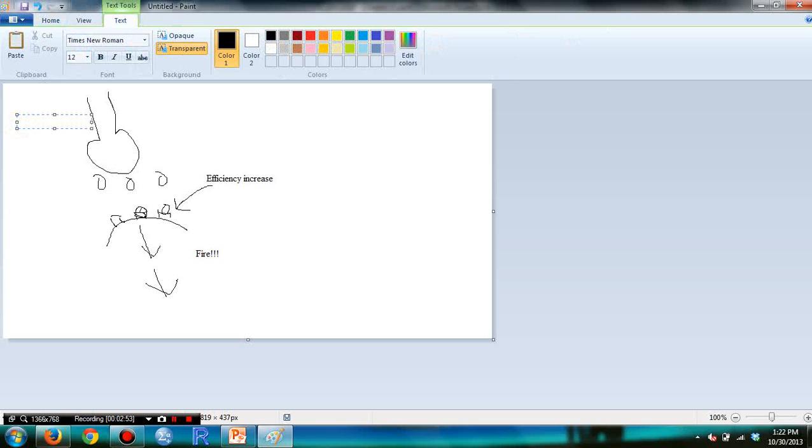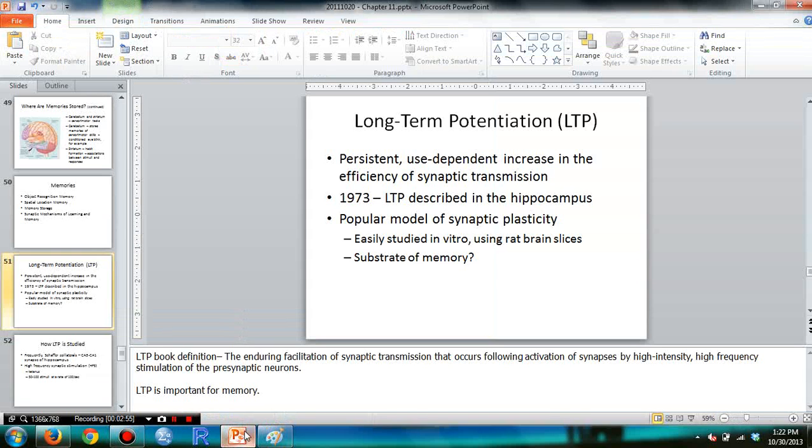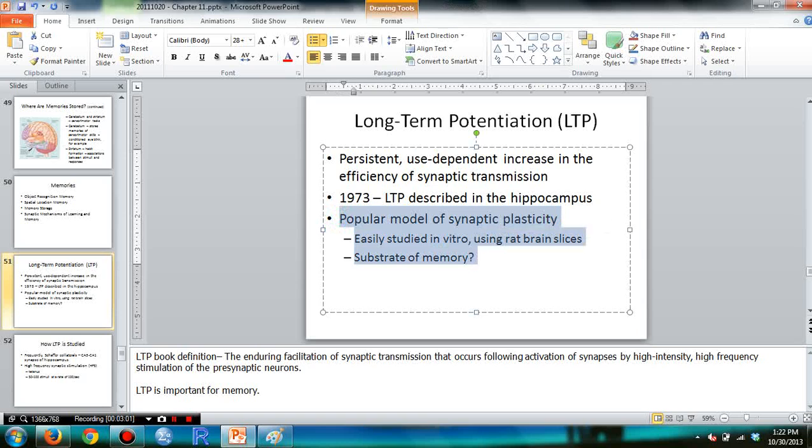So it's considered to be a substrate of memory. And also it's very easy to do in vitro. So you can use slices of rat brain and actually elicit LTP. Like the neural substrate, like the physical change.